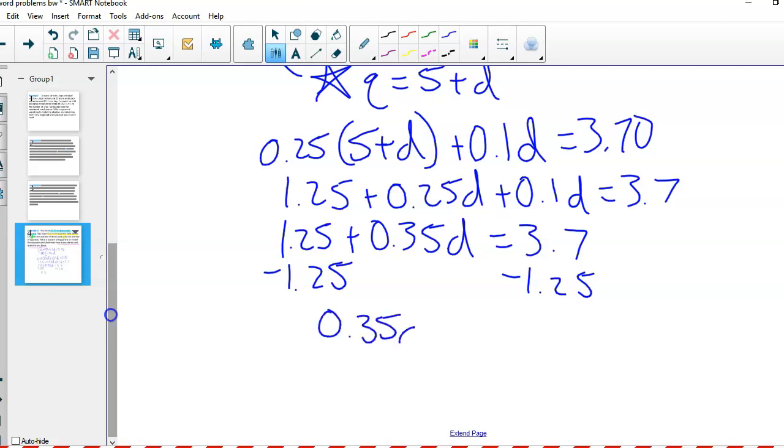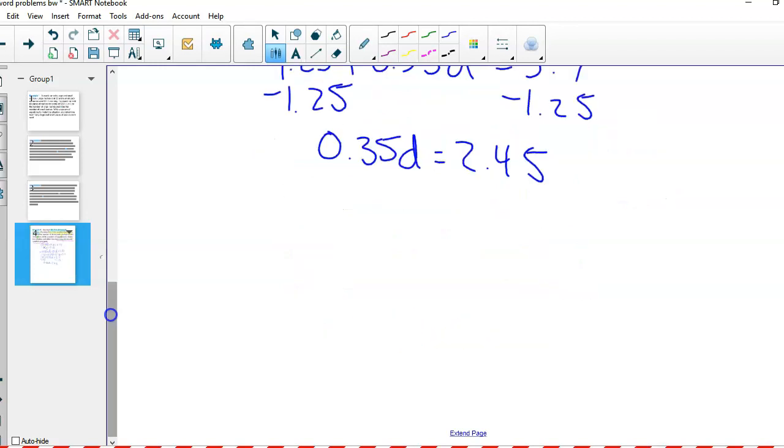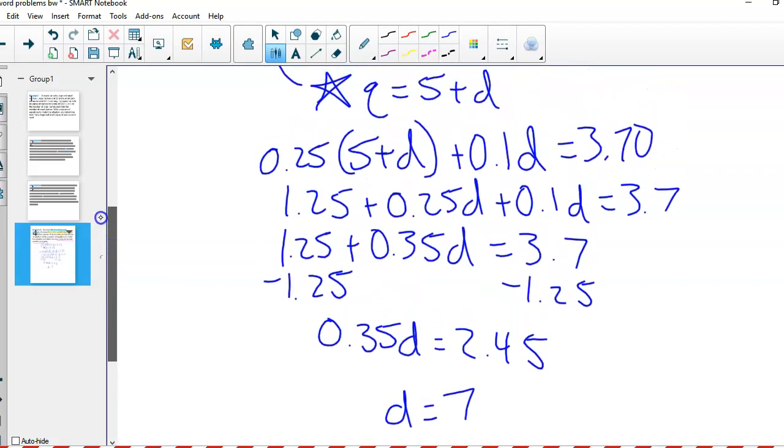It's 2.45. And then when we divide, what is the d? 7. So if d is 7 and q is 5 plus d, what is q? 12.